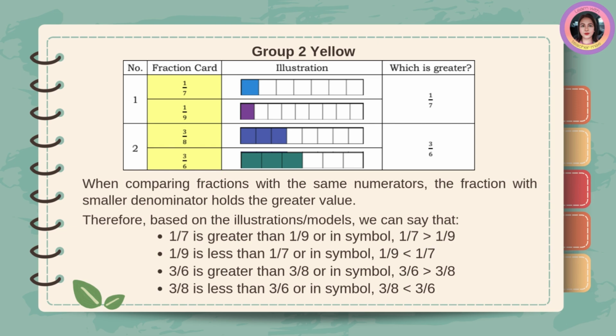For Group 2, when comparing fractions with the same numerators, the fraction with a smaller denominator holds the greater value.